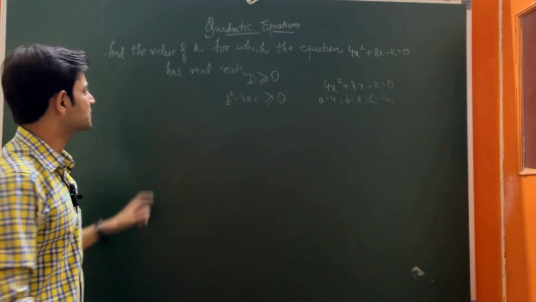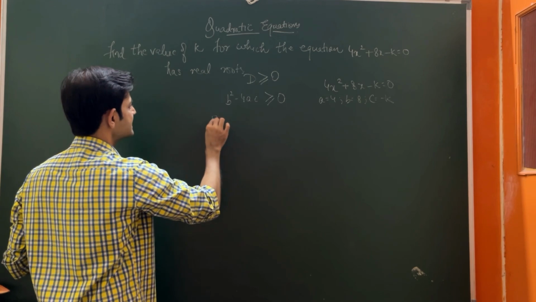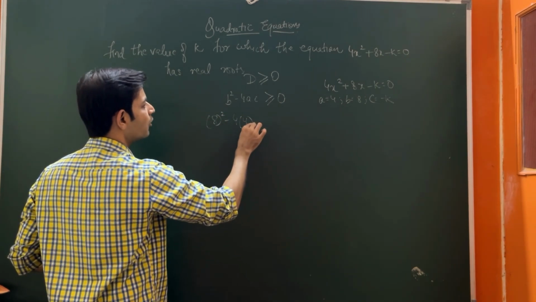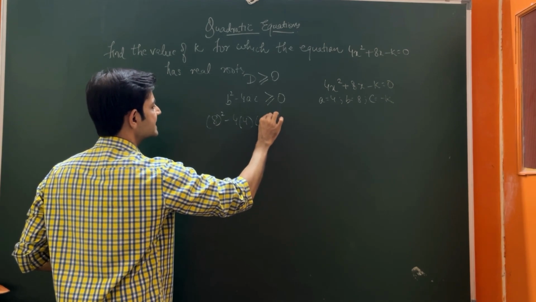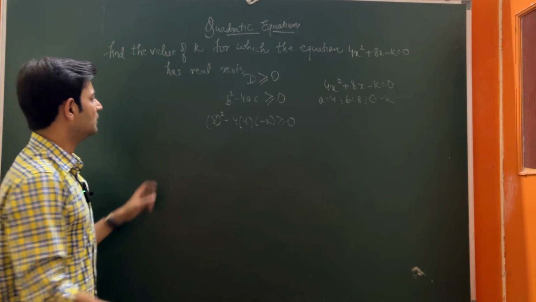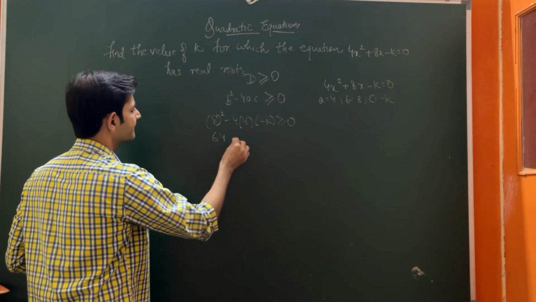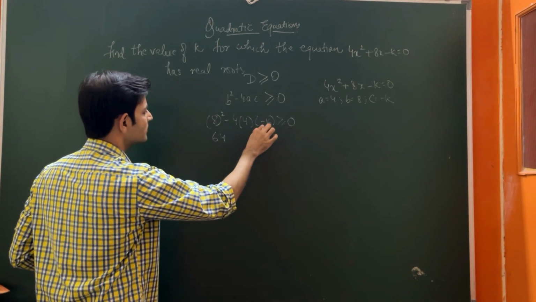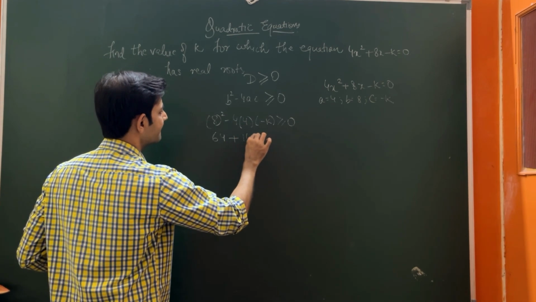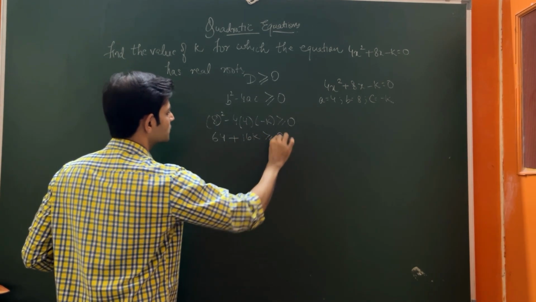We'll put these values here. So b square, that is 8 square, minus 4 into 4 into minus k is more than or equal to 0. Now this will become 64, minus into minus will become plus, 4 into 4 is 16k, is more than or equal to 0.